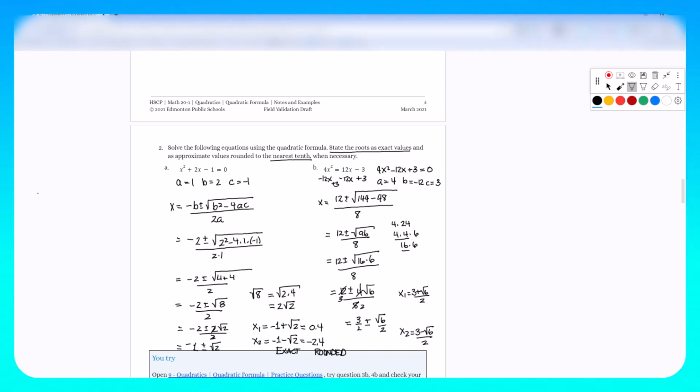And putting them into the calculator to find the decimals, we get 2.7 and 0.3. So our solution 1, our solution 2 for the first one, solution 1, and solution 2.